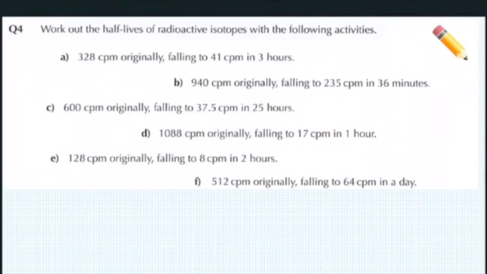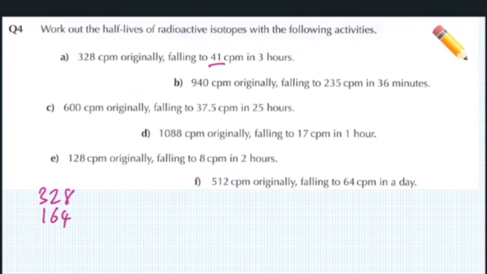Question 4, we've got 6 of the same style of question, and we want to work out what the half-life is. So for each of these, we need to find out how many half-lives have passed and then what the half-life is. Okay, so start with A, so 328, put that in my calculator, and I'm going to divide that by 2 until I get to 41.